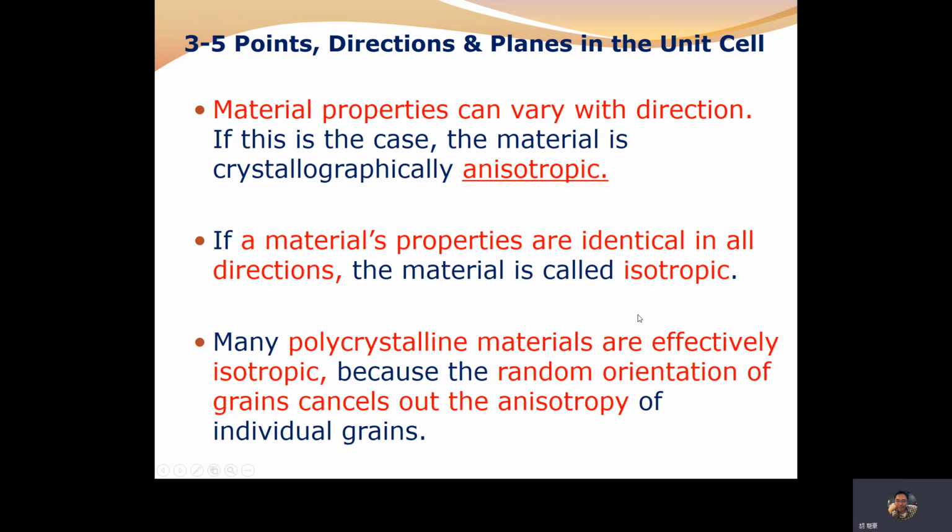Materials properties can vary with direction. In this case, it's called anisotropic. If the material properties are identical in all directions, the material is called isotropic. And for polycrystal materials, we can consider them as isotropic.